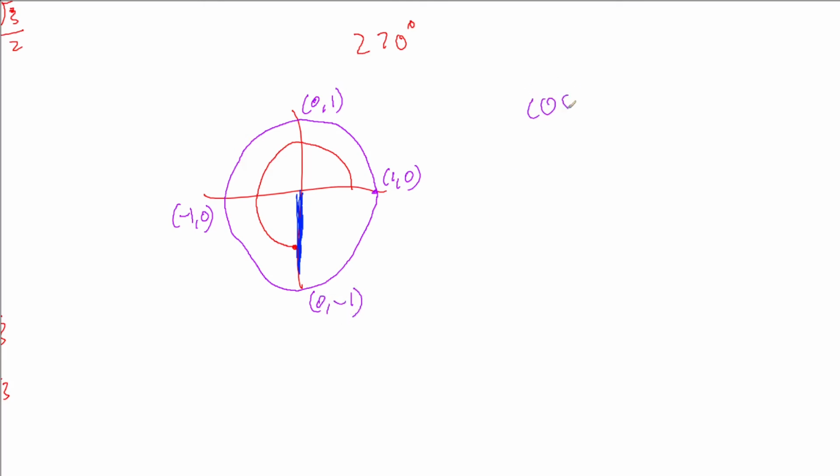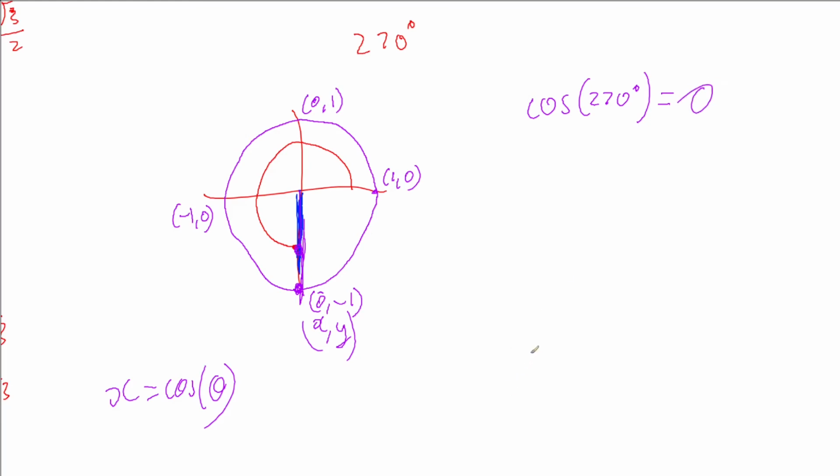So when I go to work out the cos of 270 degrees, I really want to know what the x coordinate is, because that's the definition. x is the cos of the angle. Now the x coordinate of this point down here is 0, because this is (x, y). So my value of cos is 0.